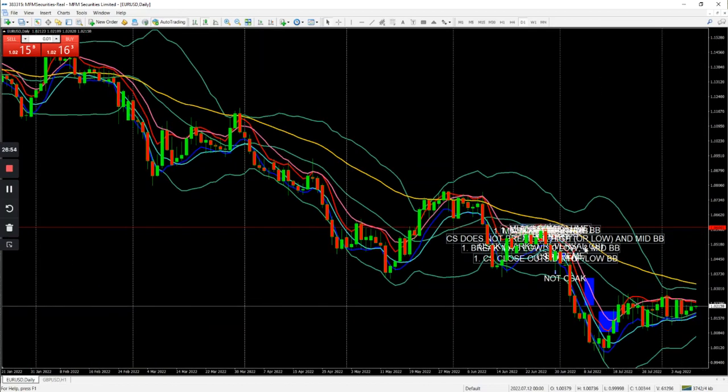In daily, you can see that the MA50 is still on top of the candlesticks, and mid BB actually. So it's a very strong sell. US index is very strong. Euro US dollar is very much bearish for the past 6 months.